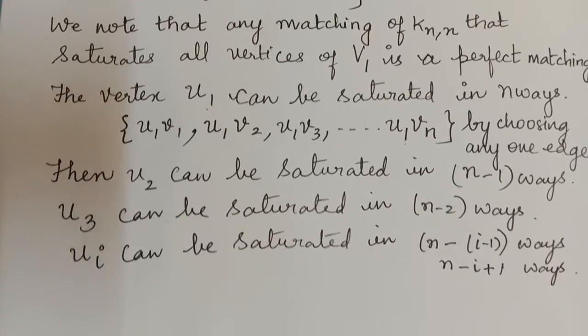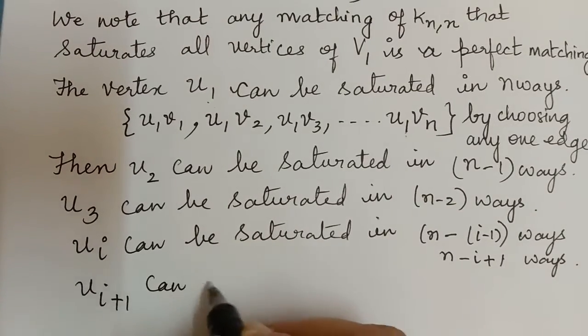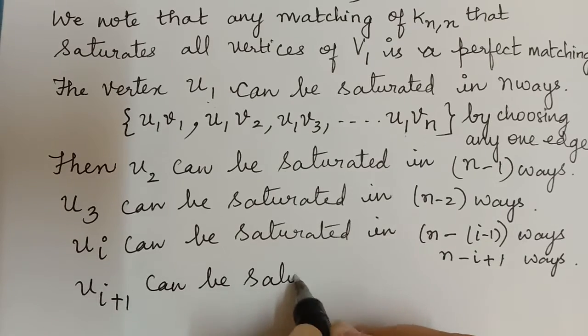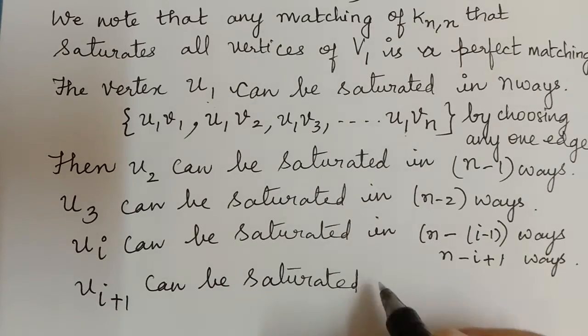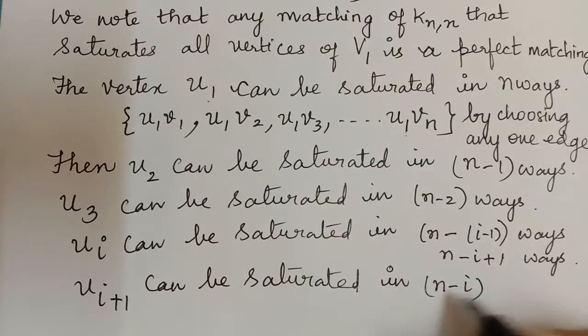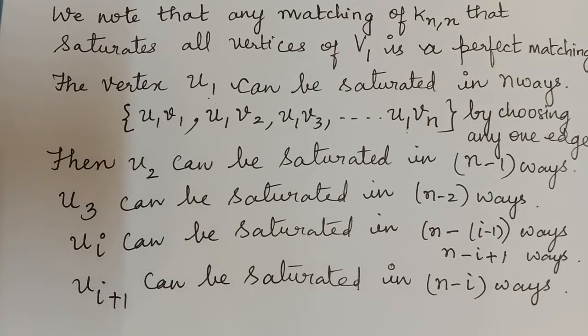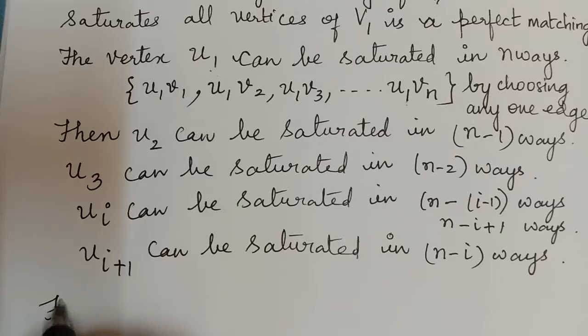Then any vertex u i plus 1 can be saturated in n minus i ways.